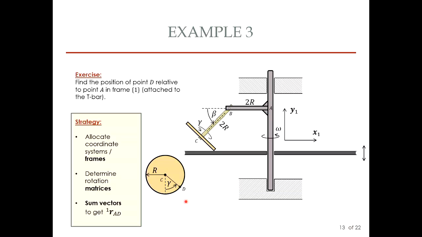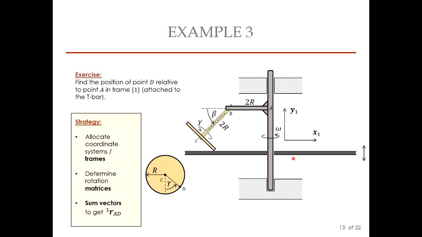Now this drawing is not fully defined, so maybe write down what I'm saying to you now. When the angle gamma is 0, point D is touching that platform.